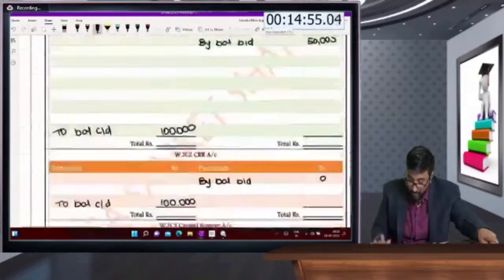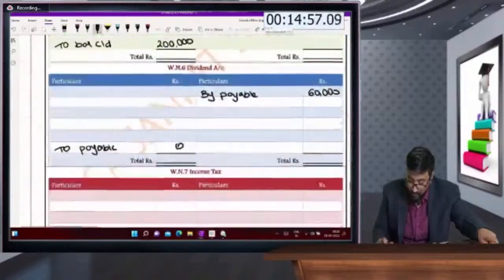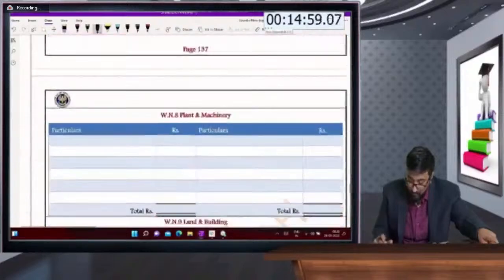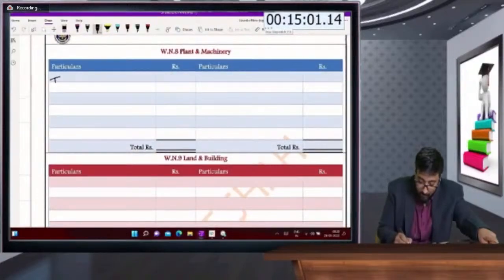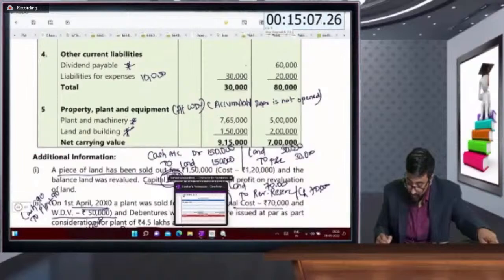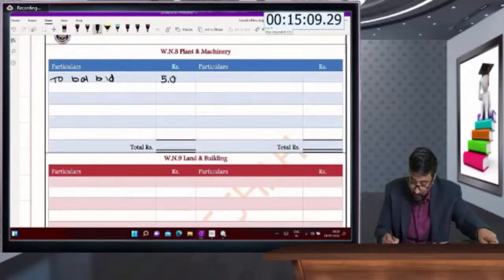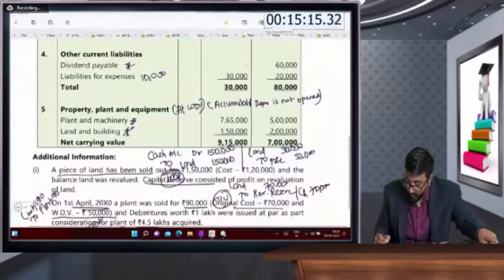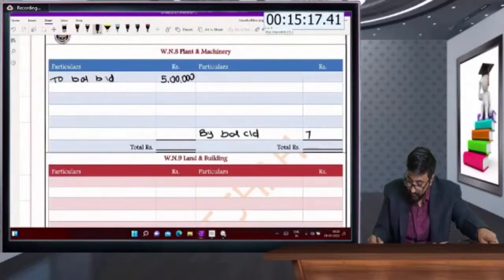Plant and machinery. To balance brought down 5 lakhs, and by balance carried down 7,65,000.